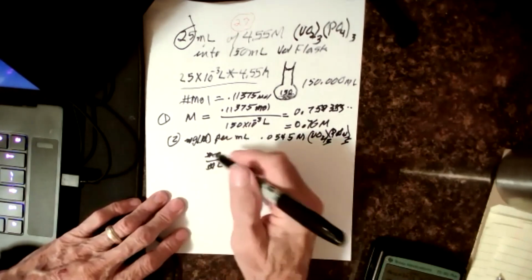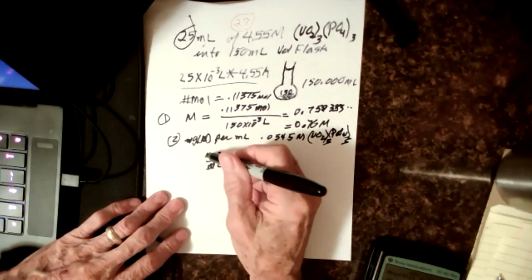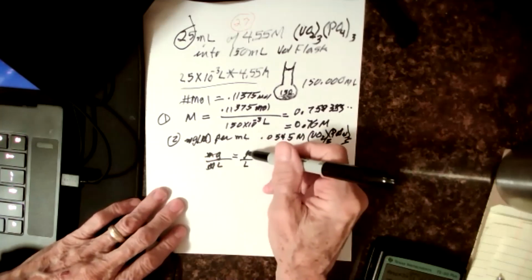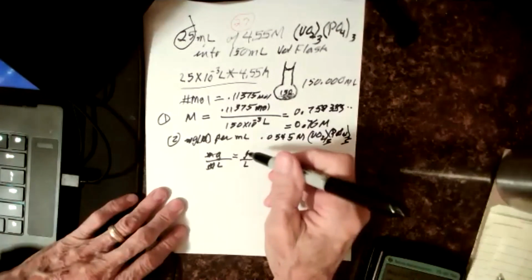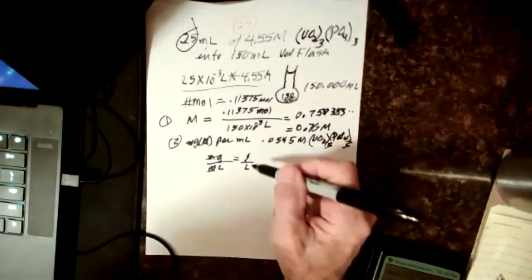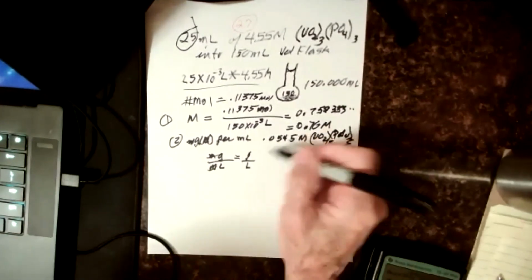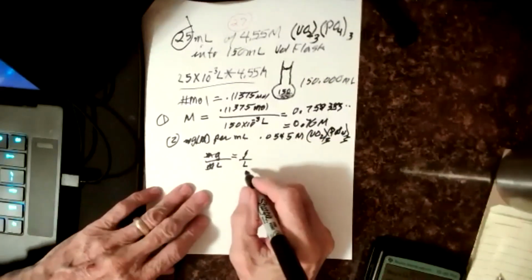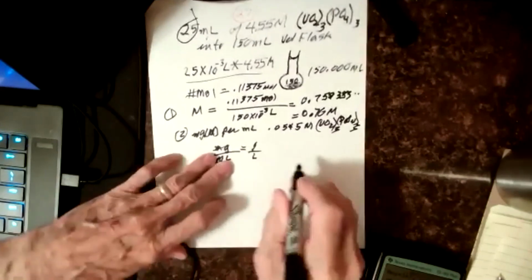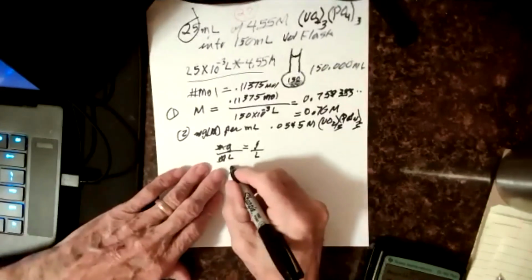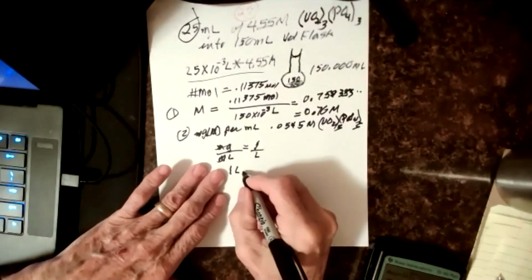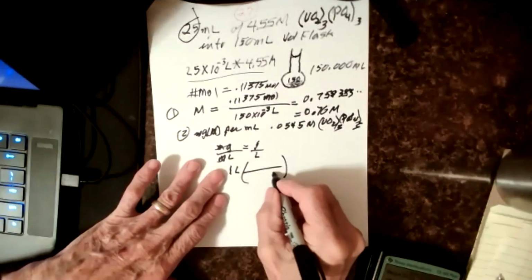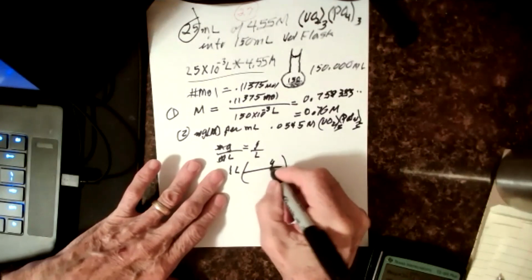As long as I'm consistent, milligrams and milliliters give me the same result as grams per liter. So this problem would be easier worked in grams per liter. I want 1 liter of my solution, and I want to convert from liters to grams of uranium.